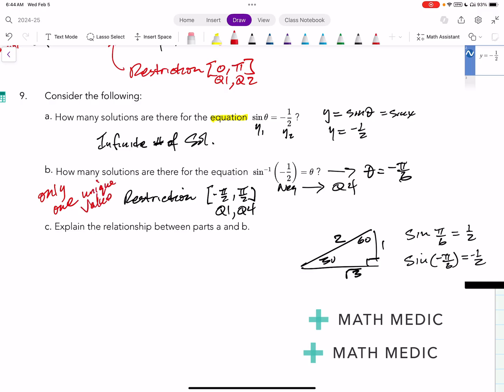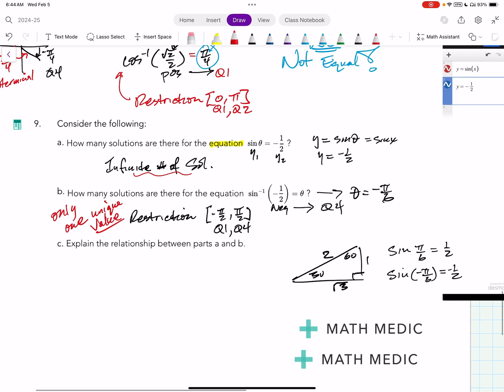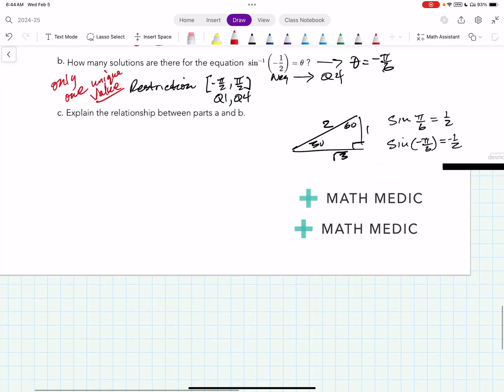So they're different. Equations have an infinite number of solutions. When you take the inverse sine, inverse cosine, or inverse tangent of some real number, you're looking for a unique angle in the restricted range. So there you go. I think that's all your homework.